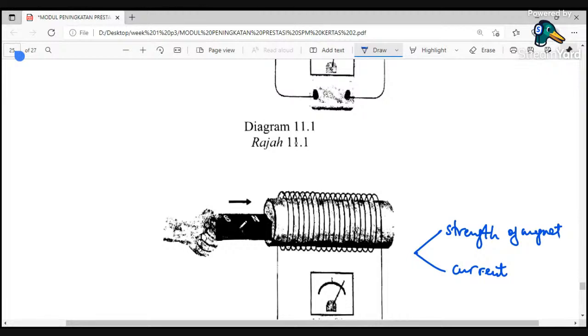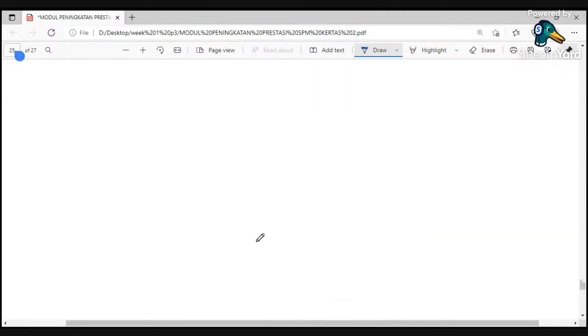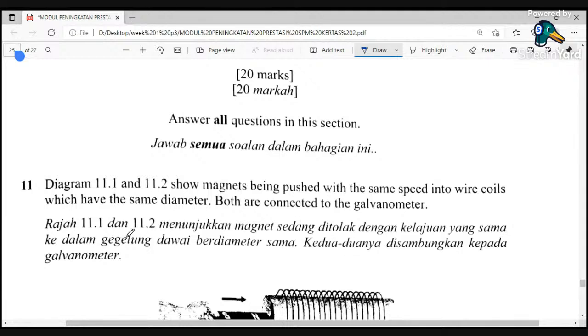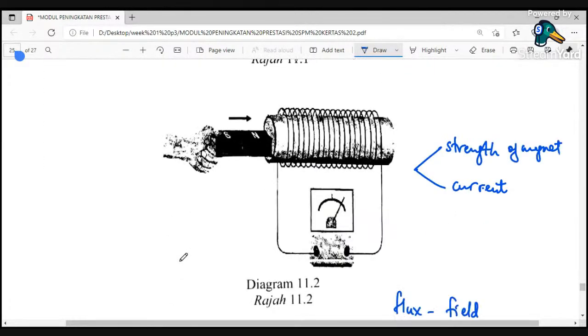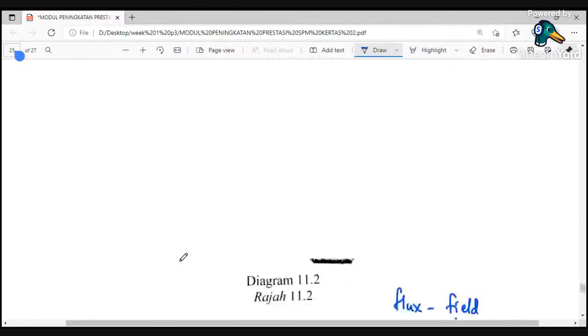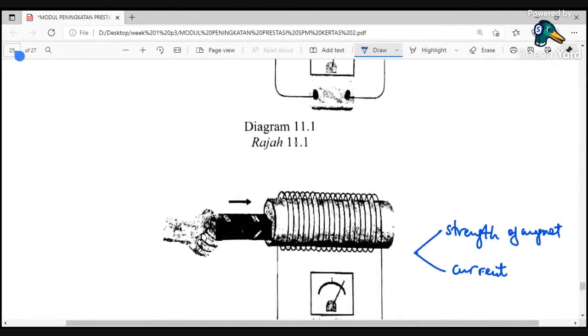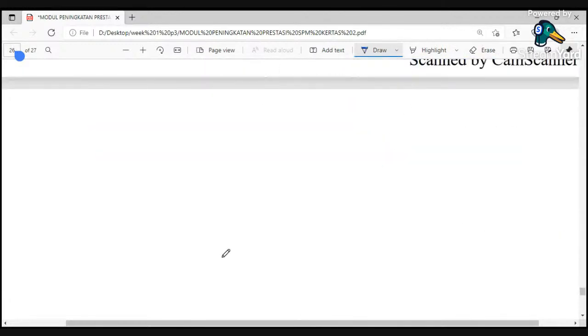Okay, 11.2 nampak larger. So maksudnya dia gunakan lebih ya. Okay, lebih banyak magnet. Ada explain atas tak? Kalau macam ni gambar tak clear mungkin dia gunakan more number of magnet ataupun size of magnet is bigger. Sama je ya.